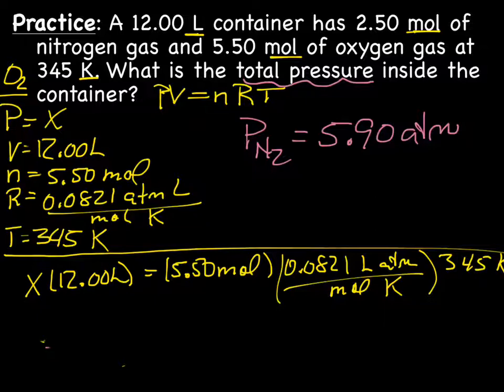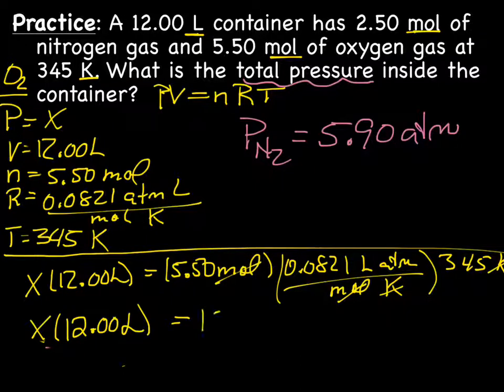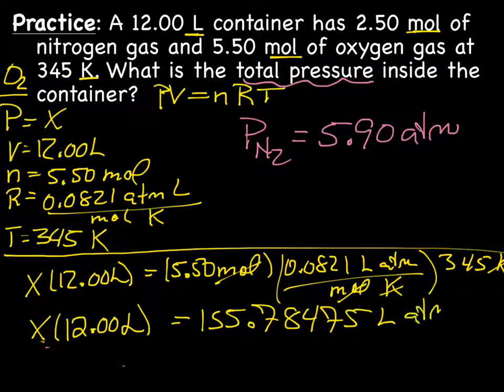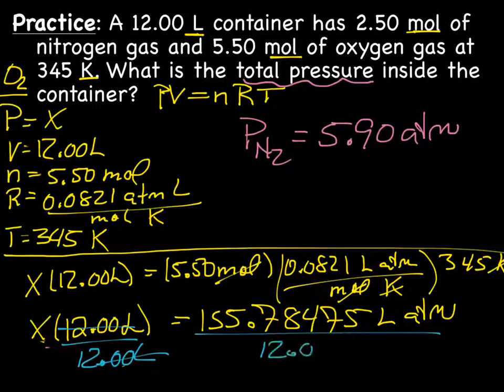Okay, cross out units, our moles cross out, our K's cross out. So we now have X times 12 liters equals 155.78475 liters atm. And to solve for X, we'll divide both sides by 12 liters, which crosses out our liter units.